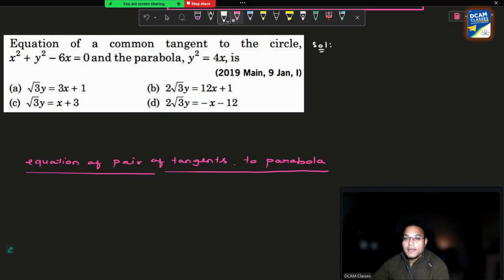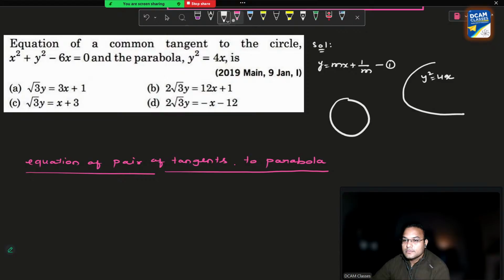See, the equation of common tangent to the circle and the parabola y square is equal to 4x. Any tangent I can take as y is equal to mx plus a by m. A is 1 here, so it will be 1 by m. Now this tangent is actually a tangent to the circle also. So that means what? The center of the circle is 3, 0.